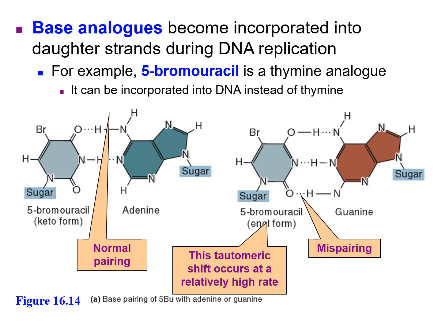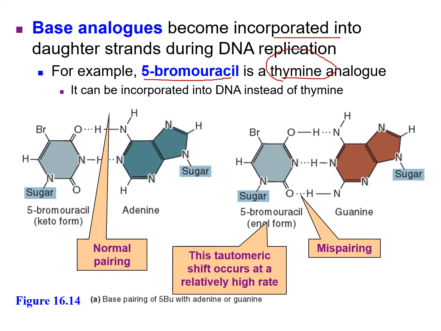Another type of mutagenic effect is from base analogs. Base analogs become incorporated into the daughter cells during DNA replication. For example, 5-bromouracil being incorporated into the DNA. 5-bromouracil is a thymine analog, so it is the same as thymine.